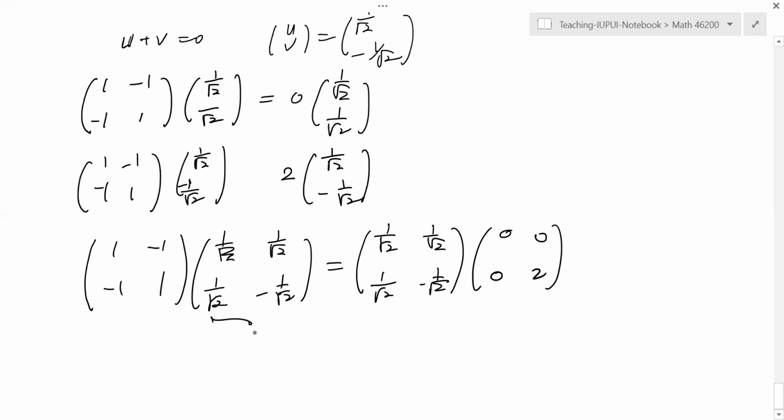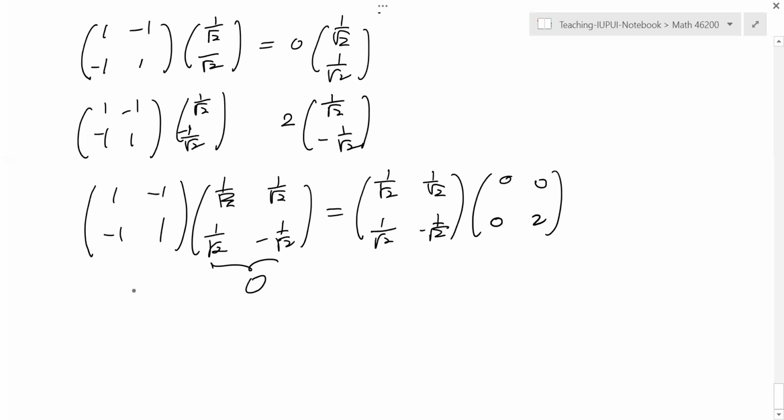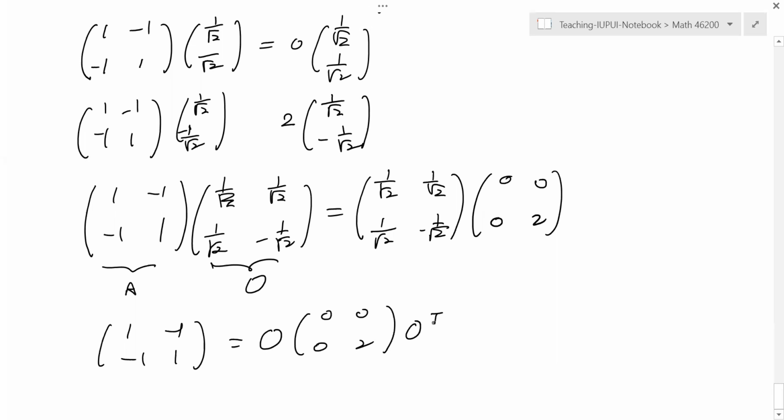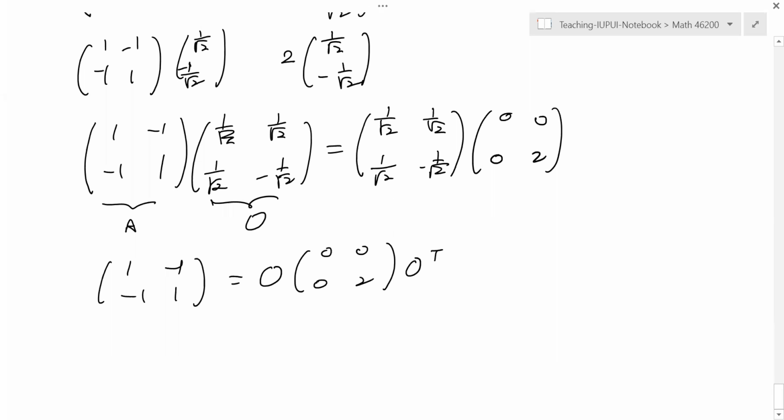If I call this O, this is A, right? So this matrix is going to be this O, 0, 0, 0, 2, and that O prime. The inverse is also O prime. So this is our decomposition.